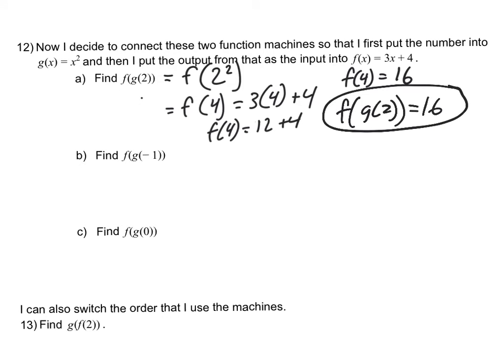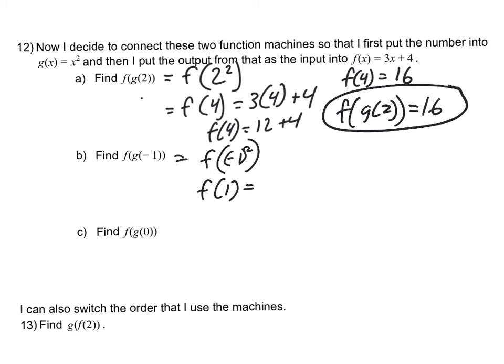Now I'm going to find f of g of minus 1. Okay, this time I'm going to find the g of minus 1 first. So f of g of minus 1 is f of minus 1 squared. All right, and minus 1 squared is 1, so I'm finding f of 1. How do I find f of 1?